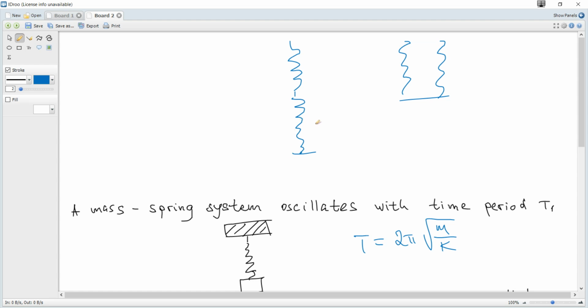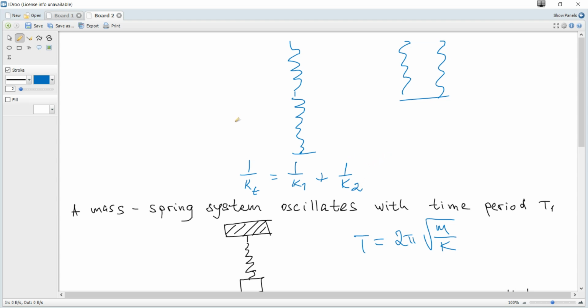So when two springs are in series, the resultant spring constant can be found as 1 over k total is 1 over k1 plus 1 over k2.